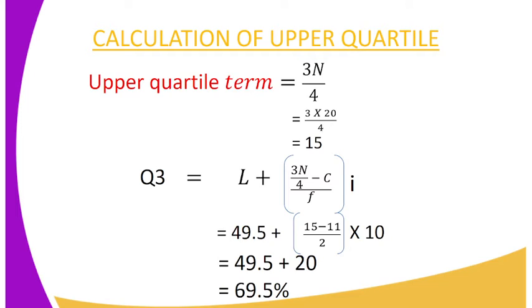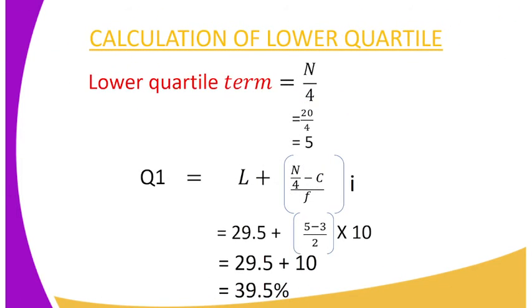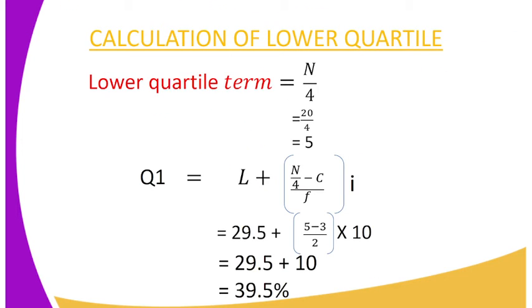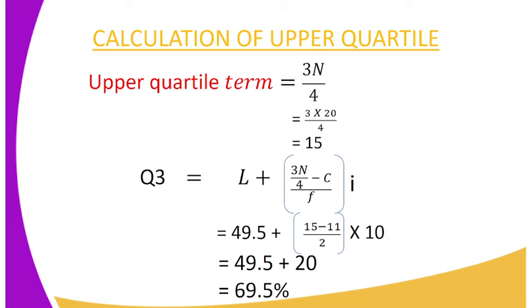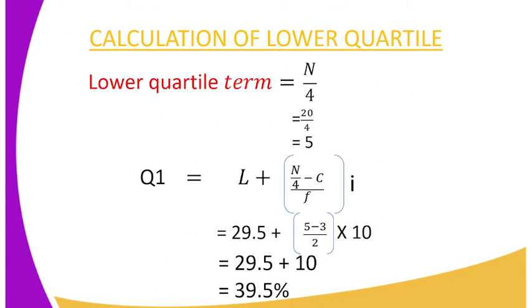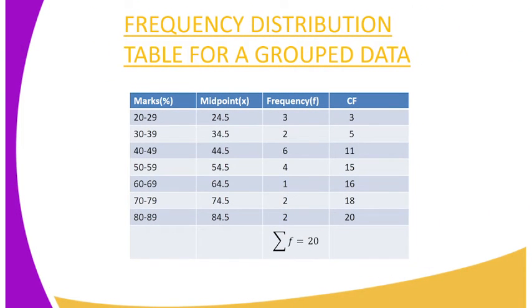You go back to the table, to the cumulative frequency, you look for where 15 is, and you can see it is on the first, second, third, fourth row. Therefore you take the lower class limit, which in this case is 49.5, then you add 15 minus the cumulative frequency above the median term, which in this case is 11. You subtract 15 minus 11, you get 4.